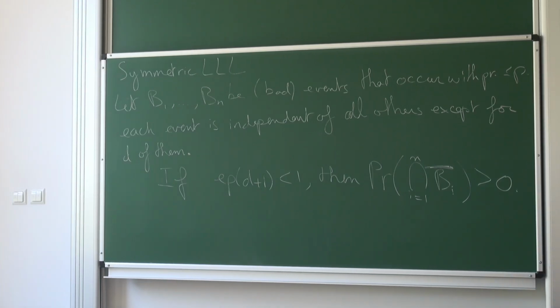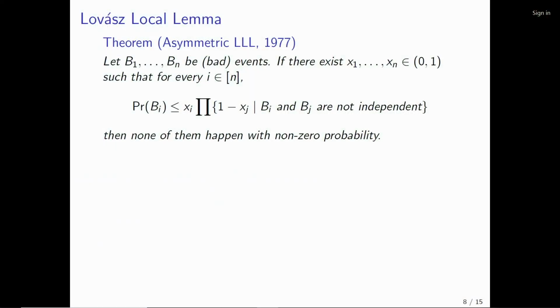Now, to prove something for non-repetitive coloring, I will use a more generic, or stronger, version, which is the asymmetric one. You still have the same sort of set of bad events, but now instead of having the same bound on the probability of everyone, you have these coefficients, these x_i's.